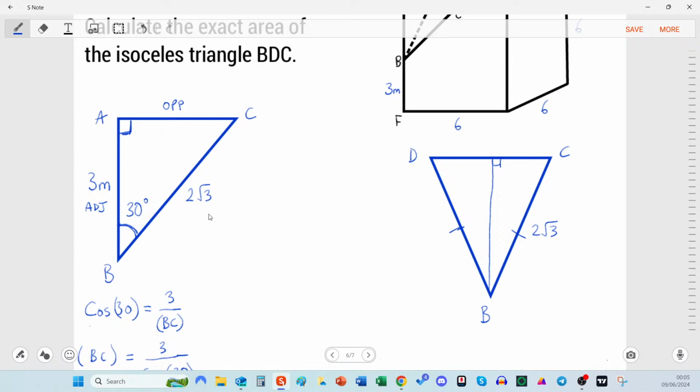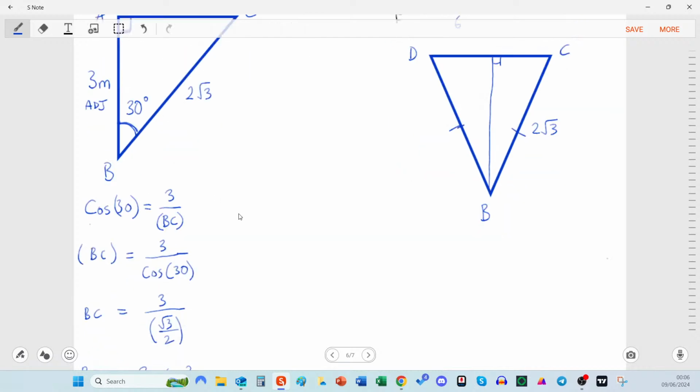What's next? It'd be nice to know the opposite. So the opposite is the sine, but we probably want to use the value we haven't calculated, the one we were given, which is 3. So in that case, it was going to be a tan.